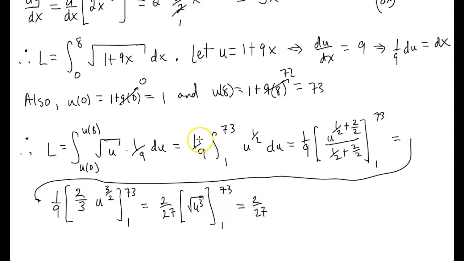And the square root of u cubed is just going to be u times the square root of u, from 1 to 73. And I'm doing all this extra stuff so that when I actually plug in 1 and 73, it'll be relatively easy for me to do.